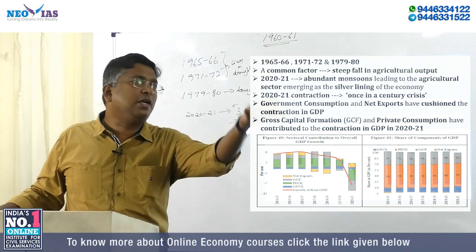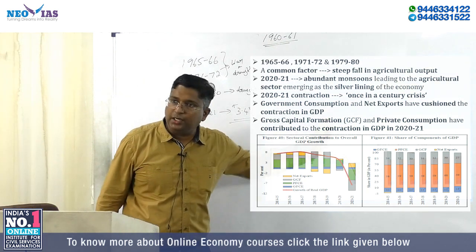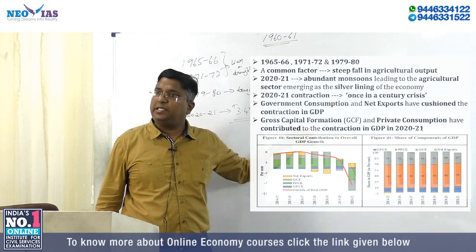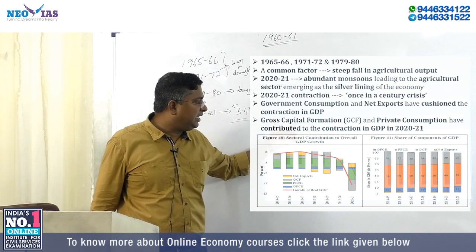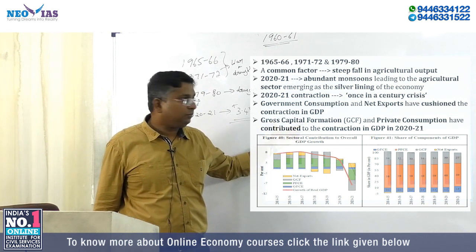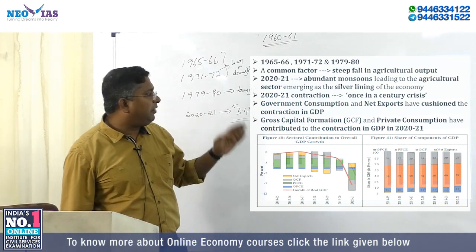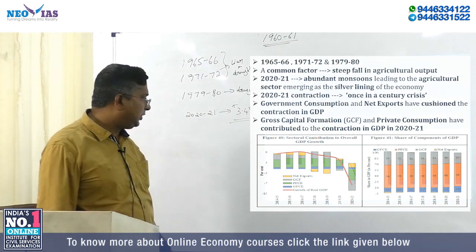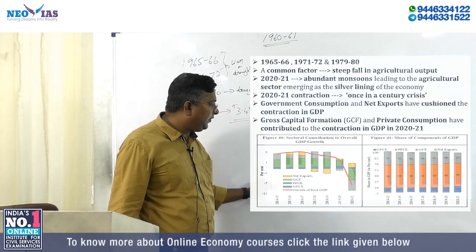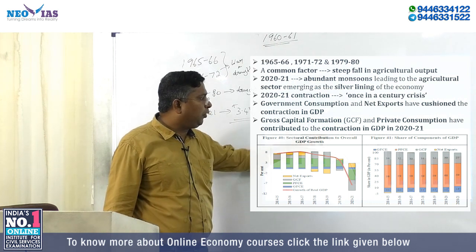Government expenditure, government consumption was there. So government consumption and net exports cushioned the GDP contraction, but the other two, gross capital formation, what is this gross capital formation? It is the private expenditure, okay? Gross capital formation as well as the private consumption have contributed to the contraction. Now you just look at this figure, okay? Sectoral contribution to overall GDP growth.